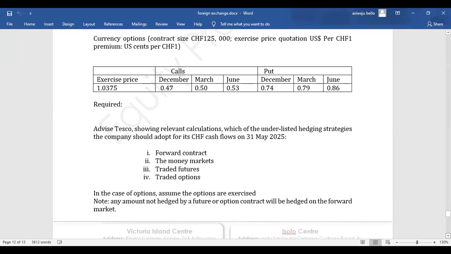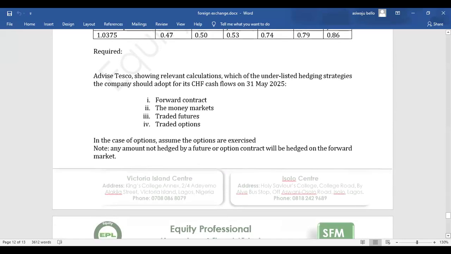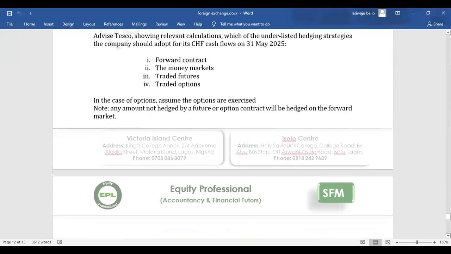Requirements. Advise Tesco, showing relevant calculations, which of the underlisted hedging strategies the company should adopt for its CHF cash flow on 31st May 2025: forward contracts, money markets, traded futures, traded options.